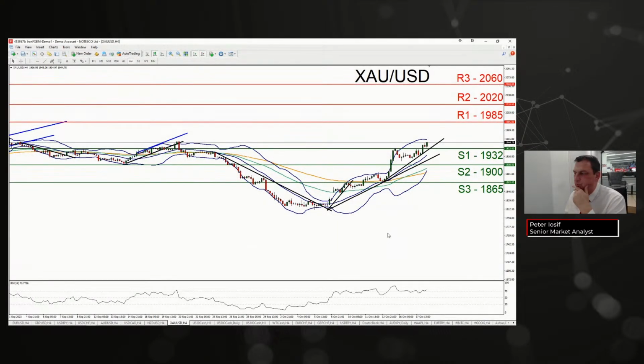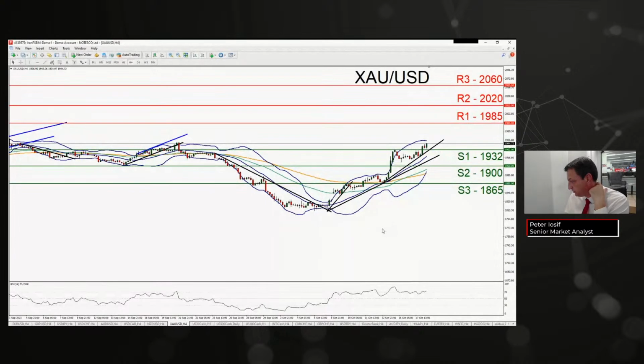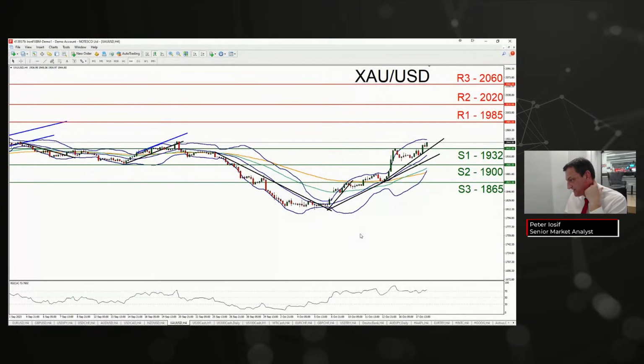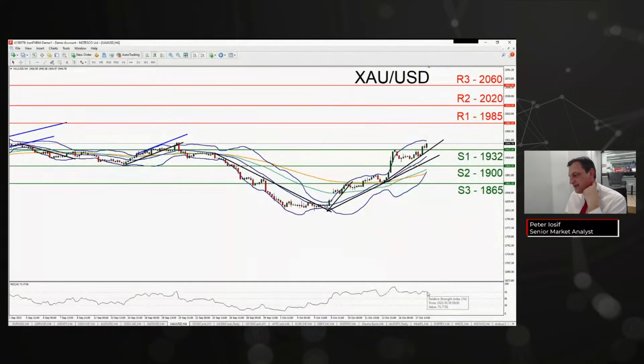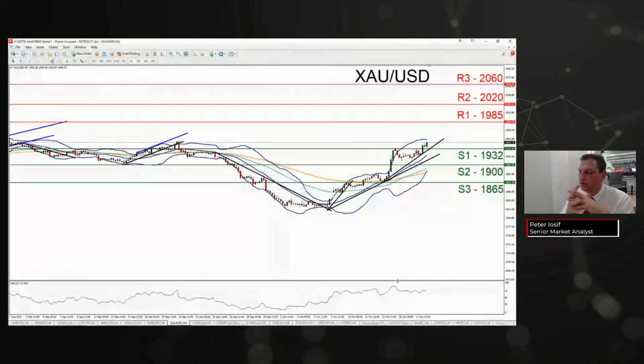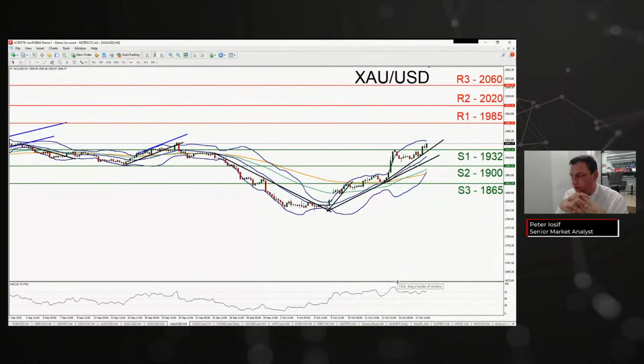So we tend to maintain a bullish outlook for XAU-USD, for gold's price, setting as the next big test for the bulls the R1 1985. The RSI indicator is running above the reading of 70, highlighting the strong bullish sentiment of the market for the precious metal.